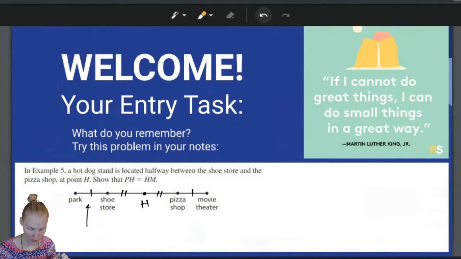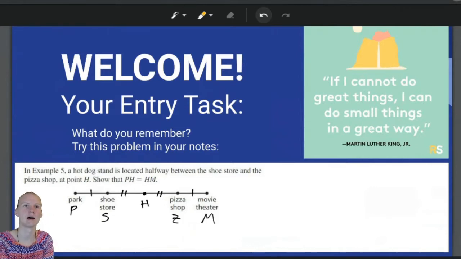We already knew these tick marks. Those were given to us in example 5. The park and the shoe store are the same distance away as the pizza shop and the movie theater. So we called the park point P, the shoe store point S, the pizza shop point Z, and the movie theater point M. So now we know that the hot dog stand is exactly halfway between the shoe store and the pizza shop. So that means this.